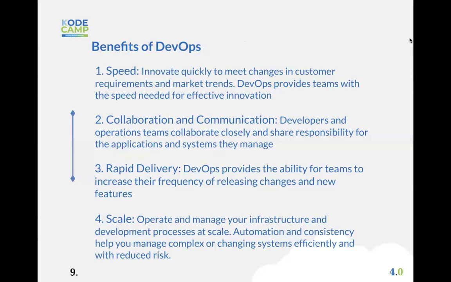So DevOps is characterized by something called continuous integration and continuous delivery. This is an automated process, right, by which changes are continuously integrated and deployed into the working solution rapidly and as quickly as possible.